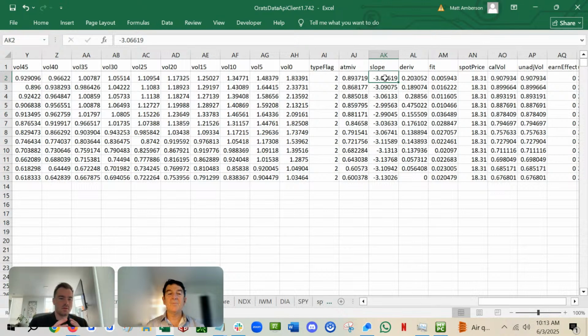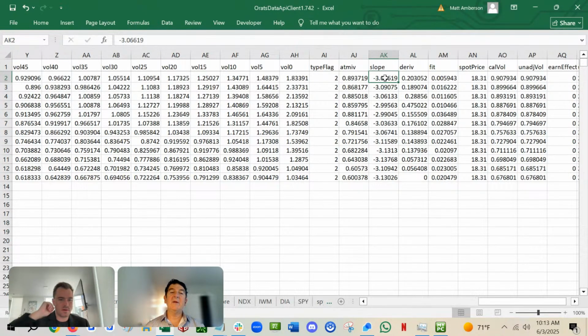So the slope, just to clarify this, we're measuring the implied volatility skew, which is basically all those vols, 45, vol 40, vol 35. That draws the skew. Right. And then the slope is the measurement of the skew if you were to draw a tangent line at the 50 delta point in the ideal skew.